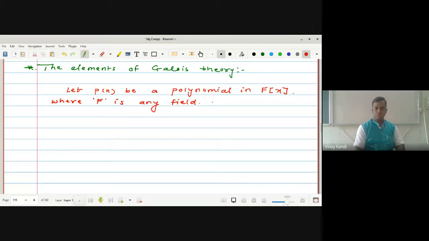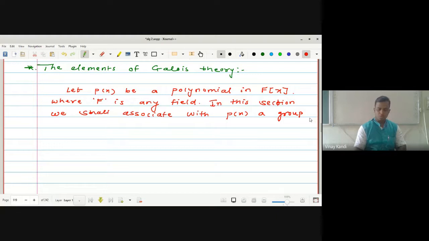In this section, we shall associate with p of x a group, called the Galois group of p of x.